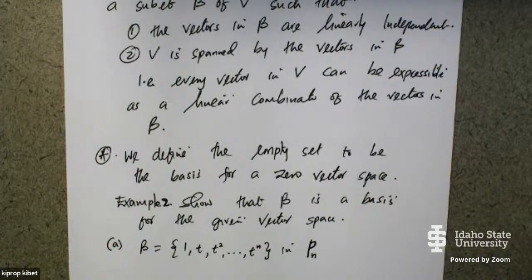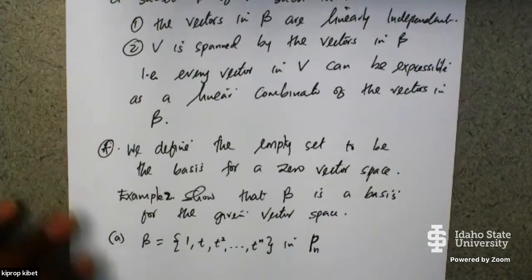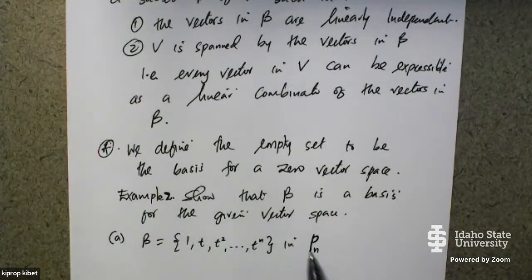Show that this one is a basis for the given vector space, the bigger polynomial space P_n.